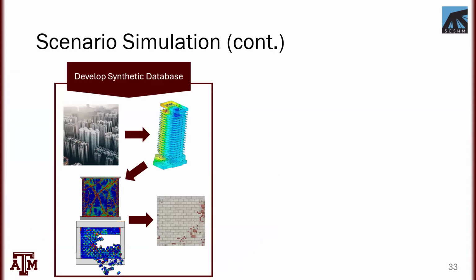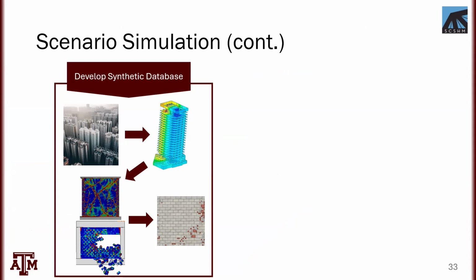When it comes to research and engineering practice, we're also oftentimes concerned with a lack of data sets. Nowadays, we're all talking about AI, machine learning. One of the concerns we have is we don't have enough data sets. So we can actually develop a digital twin that provides us with synthetic databases.